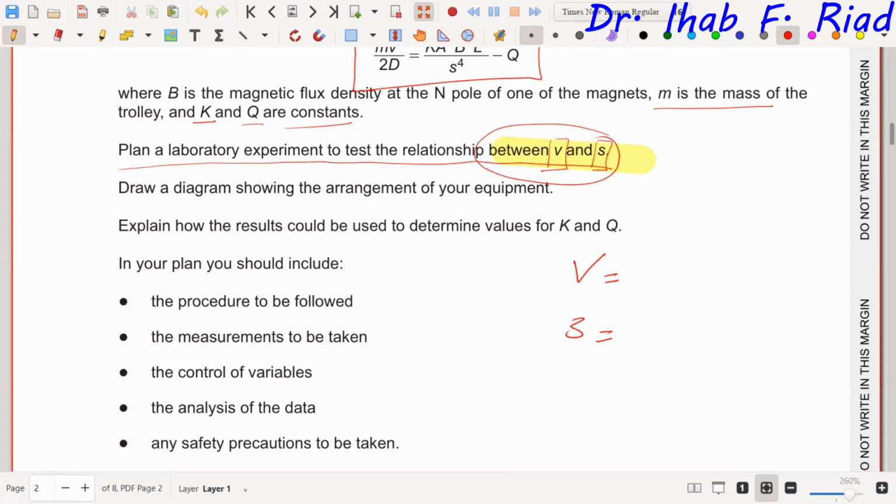V is the independent. No, V is the dependent, right? S is the independent. Yes.